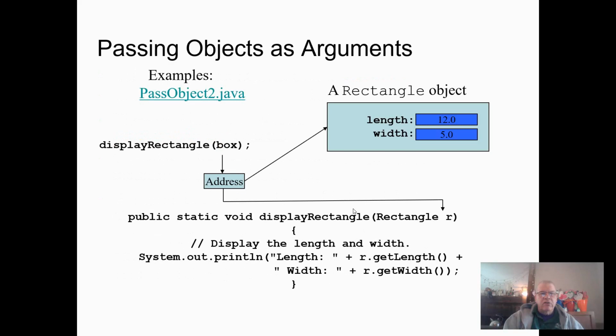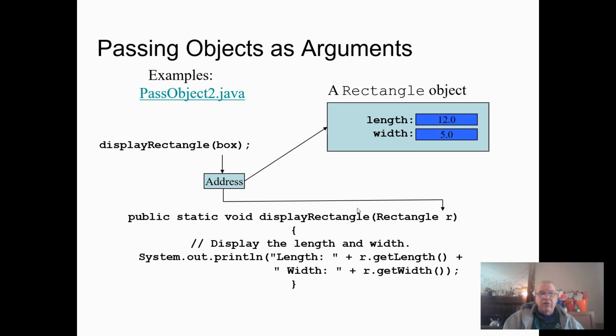So here's a visual description of it. Suppose displayRectangle had an instance of Rectangle called box. The class PassObject2 creates a Rectangle, creates a box, which is an instance of Rectangle, and gives it the values 12 and 5, length and width, and passes it to the method.